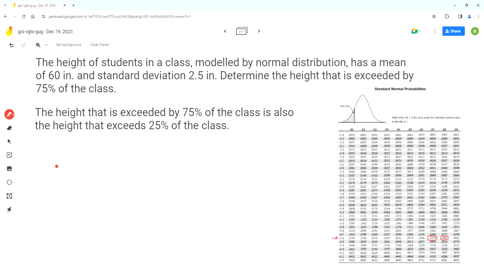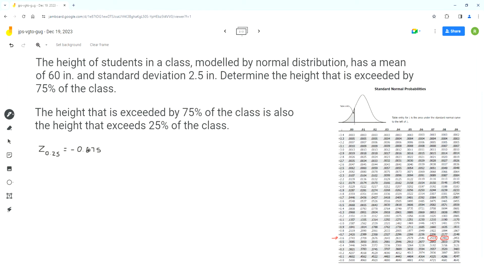So that means the z-score associated with the 25% of the class that has a height below the height we want to find, the z-score value for that area under the curve, is negative 0.675.